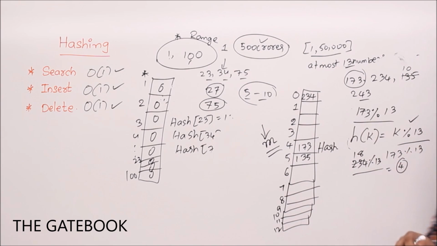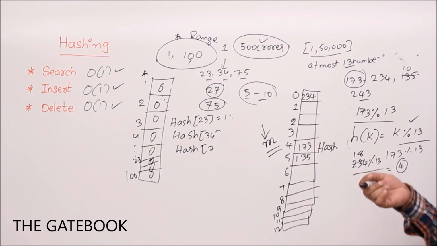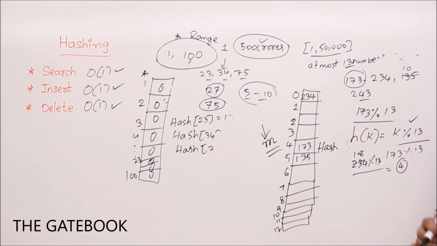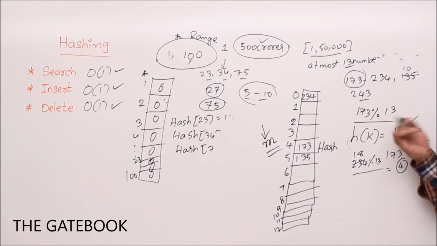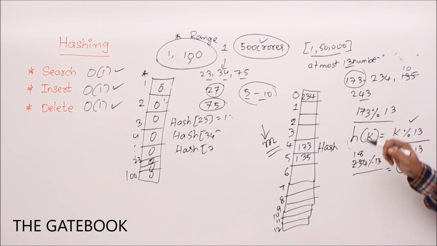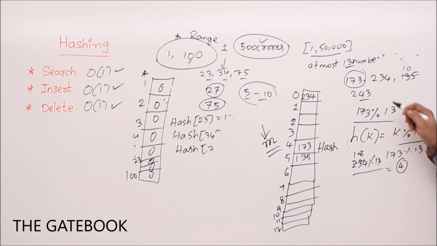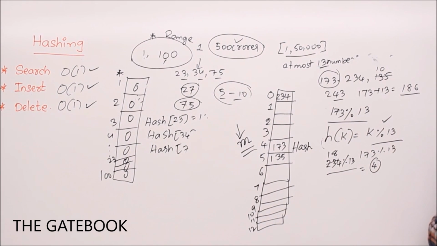But the only problem you might see here is, what if there are two numbers whose hash values are the same? For example, 173 is giving 4, right? If I add 13 to 173, you form a number, 186. 186 has a remainder the same as 173.